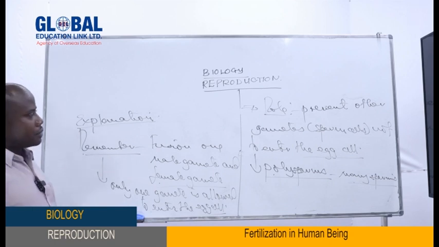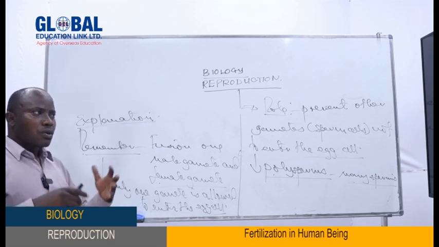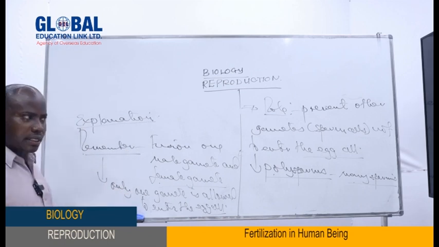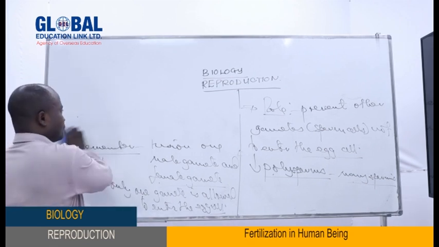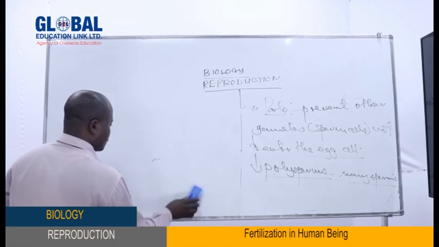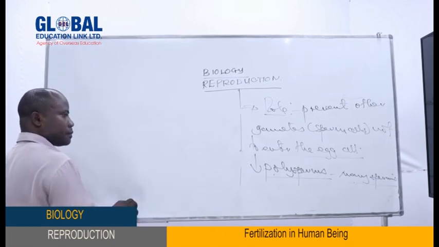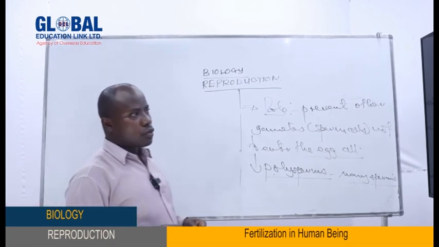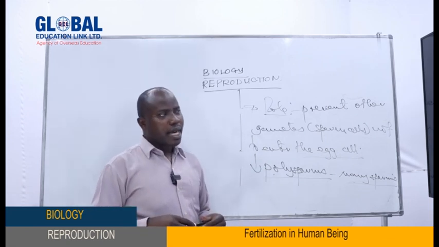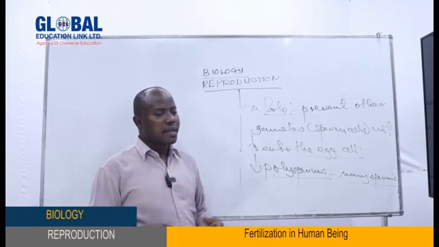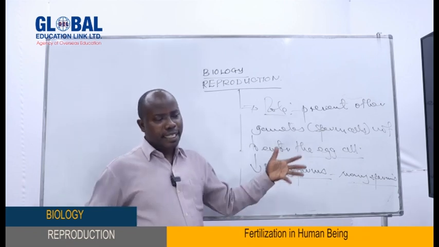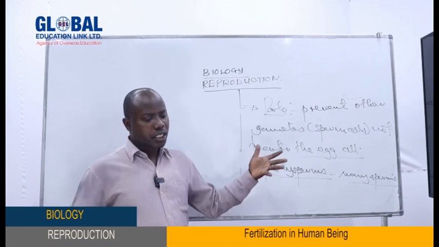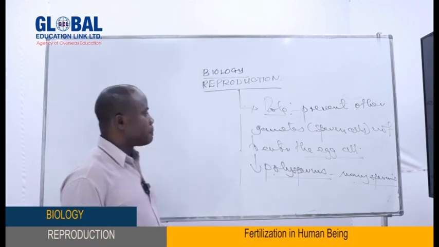Dear students, we have seen how the cortical reaction occurs and the significance of the cortical reaction as one of the processes leading to fertilization. Let me take you to question number 4 so that you can see how different questions can be asked from this area, showing different aspects of fertilization in human beings.